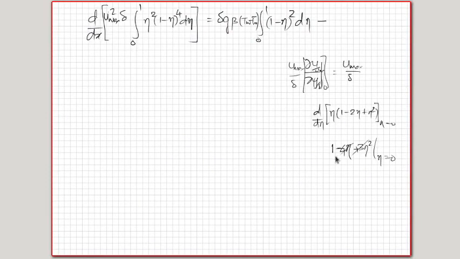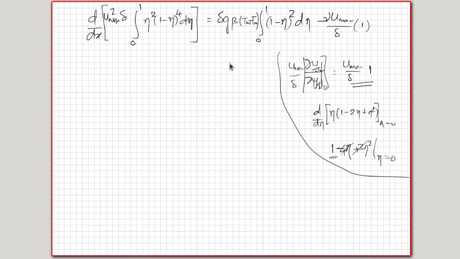So this will be 0, this will be 0, it will be actually 1. So this whole term will be just 1. So I can write this as u max by delta multiplied by 1. So that is the simplification that I have shown here.